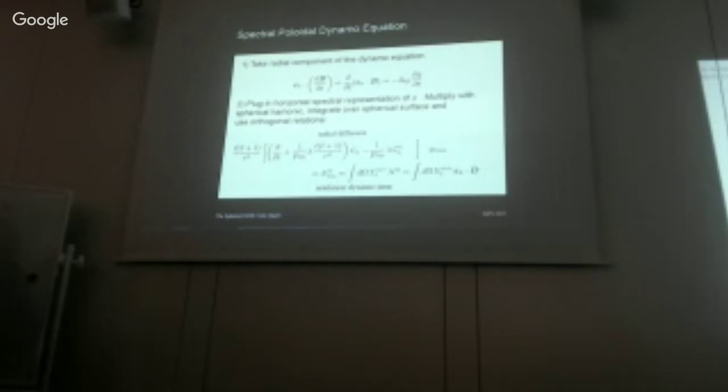Right, so that's what we did here. That's all we did. And now the equation looks like this. So I plugged all this in here, right? So the Chebyshev representation, or the fully spectral representation.